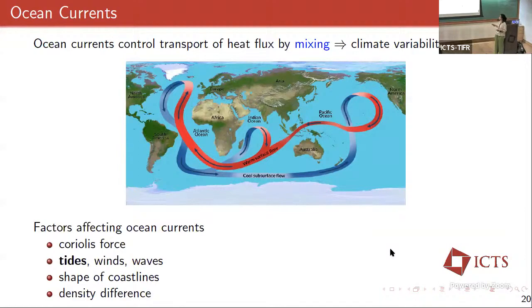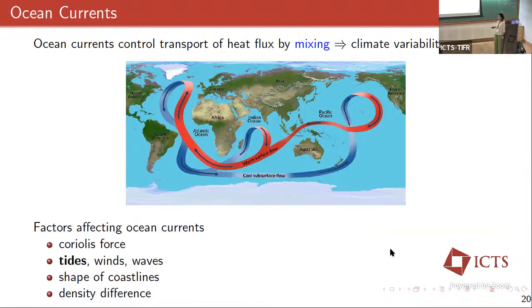Here I have shown the direction of ocean currents. Ocean currents transport heat by mixing, and this heat transport contributes to climate variability. So ocean currents are a very important component to study in oceanography.